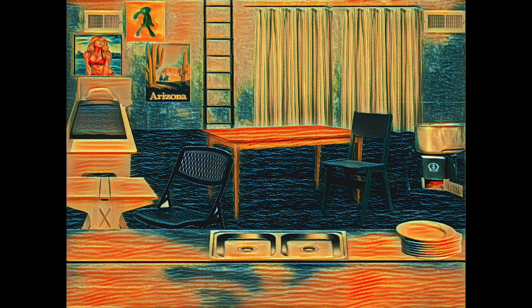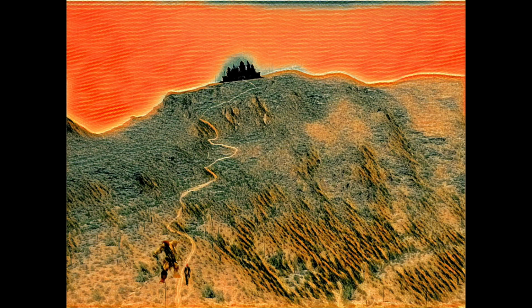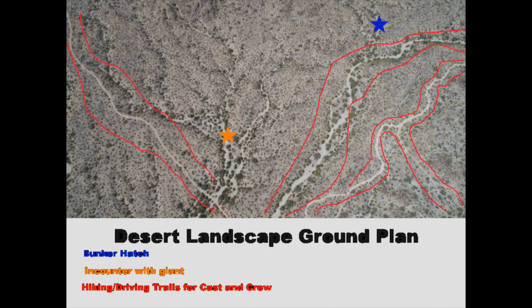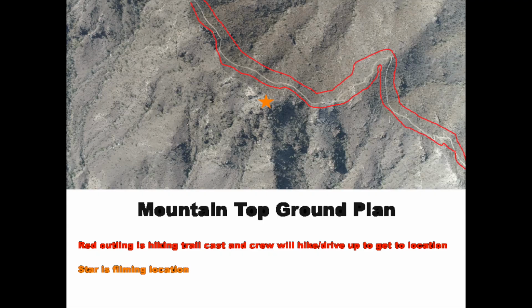After I'm done with Photoshop, I go into Adobe Lightroom to adjust the lighting, and then for the finishing touch, I use a mobile app to give it that comic book feel, and here are some examples of my ground plan work.